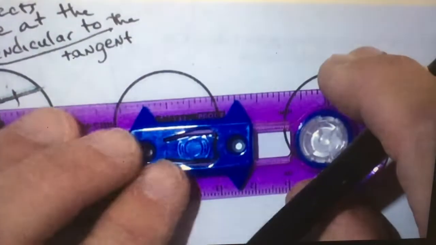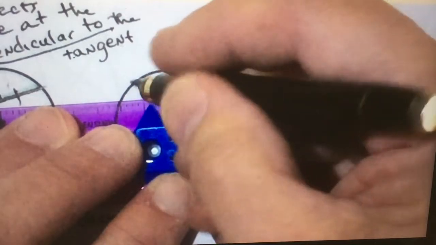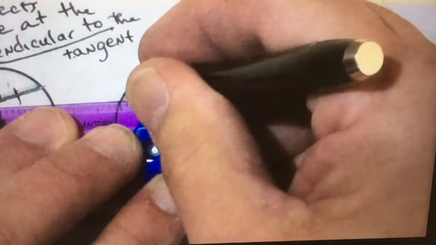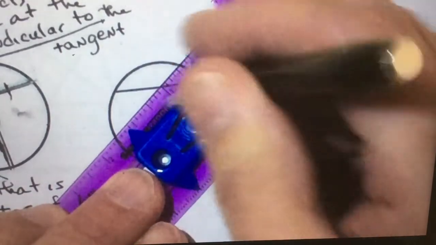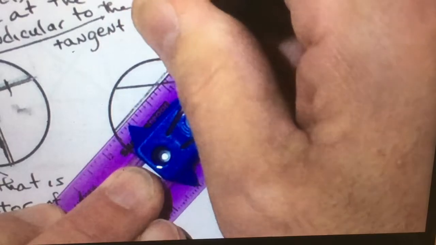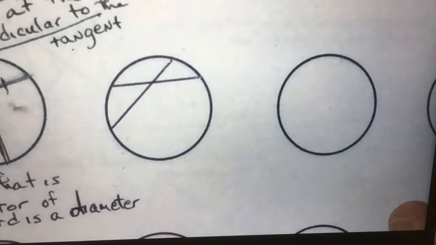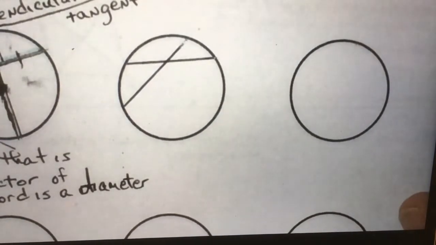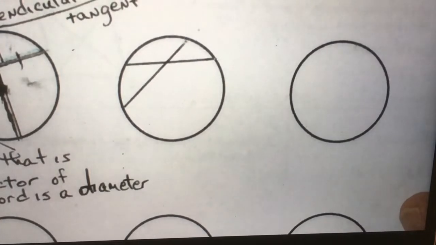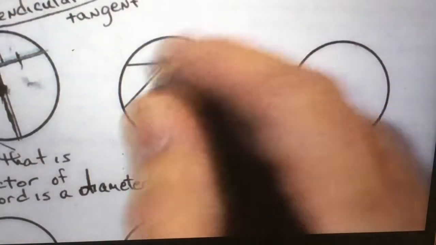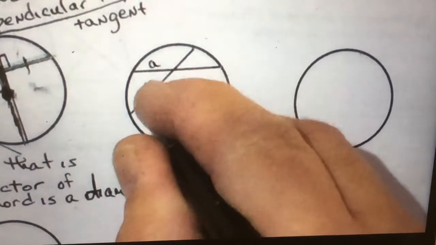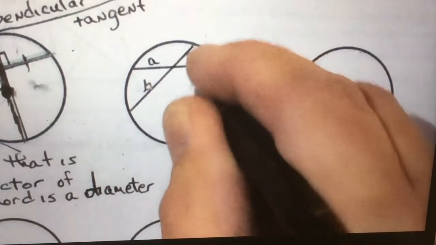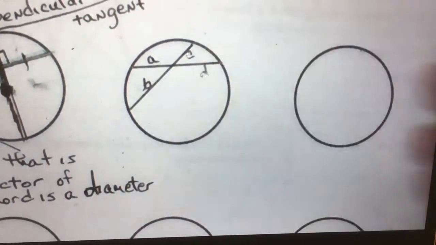Moving on to a second circle, I'm just going to draw two chords. One there and one there. Two random chords that intersect. And by intersecting each other, they cut themselves into four different segments. You've got this segment here, this segment here, this segment here, and this segment here.